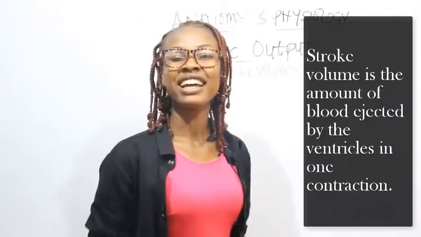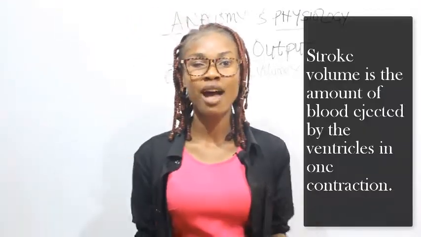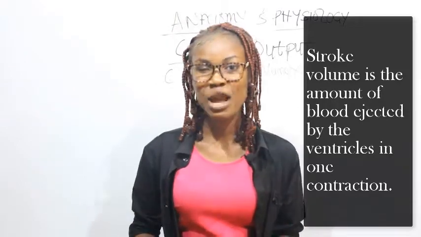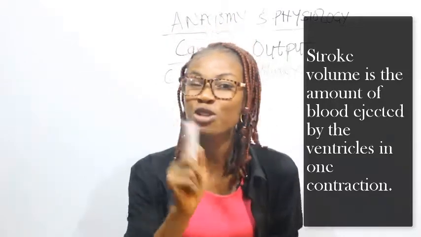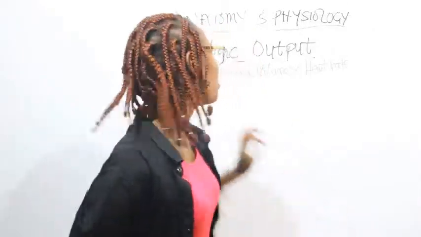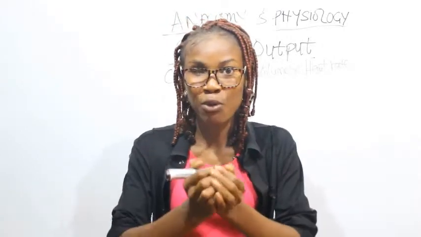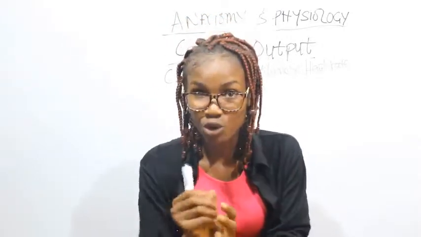Stroke volume is the amount of blood ejected by the ventricle in one contraction, whereas cardiac output is in 1 minute. So in stroke volume, we are looking at the quantity of blood we have when the heart contracts.